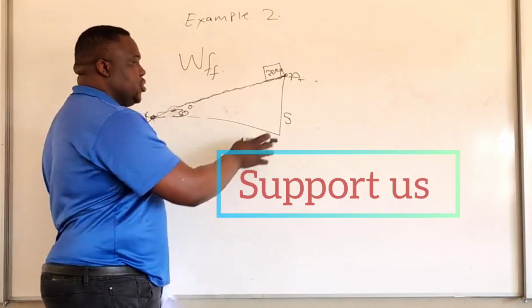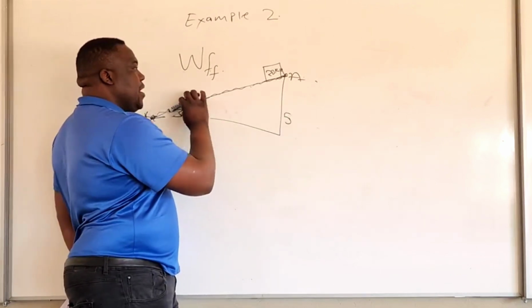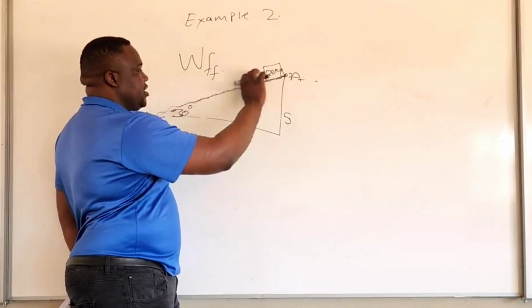There is no way we can use any other displacement, because frictional force acted while the object was moving along this displacement.